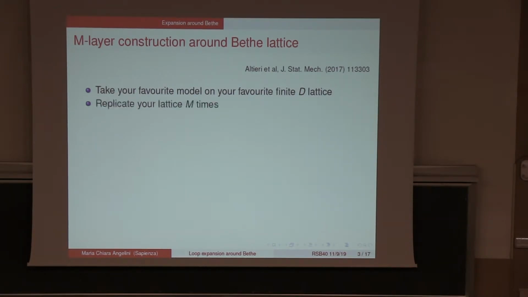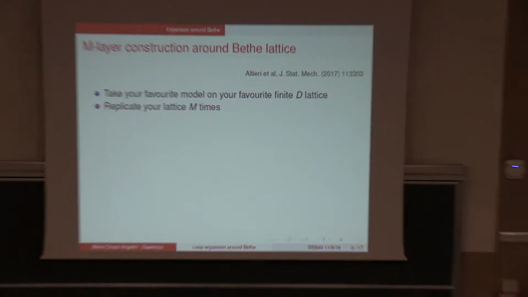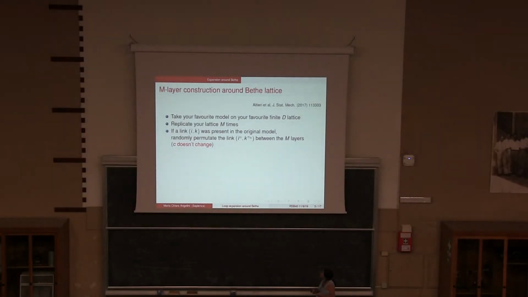Then replicate your lattice m times. So I replicate it m times; in this case, m is equal to 3. Then, if a link ik was present in the original model, randomly permute the link between the m layers. Here I have my link ik in the original model, and then I permute the links.